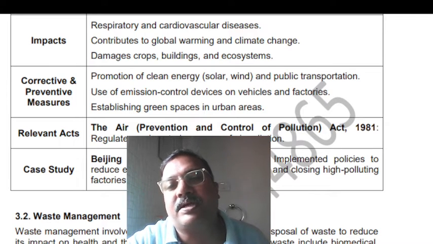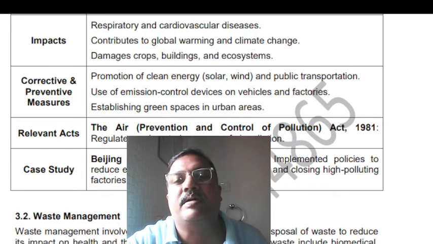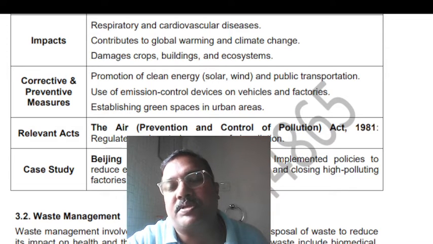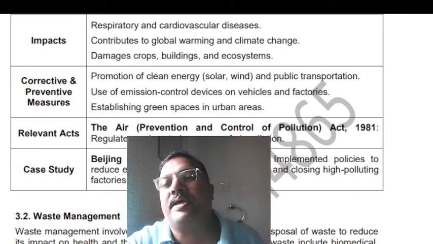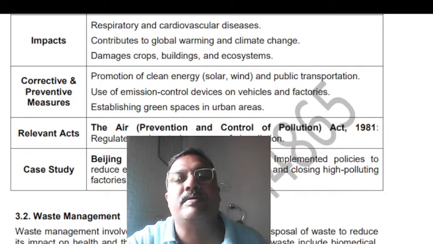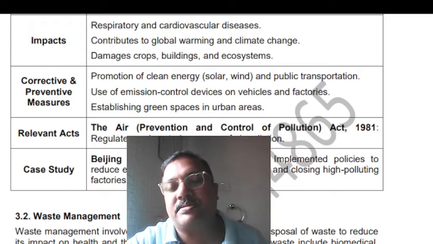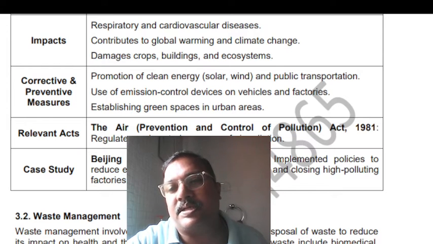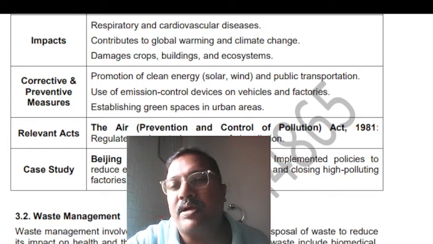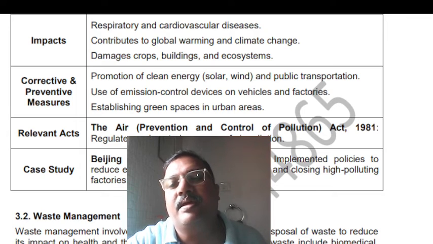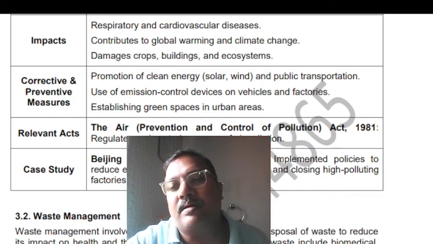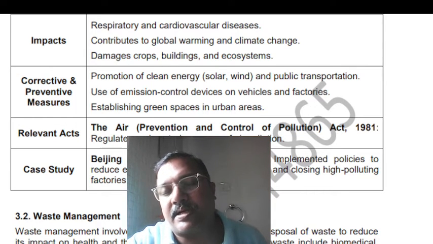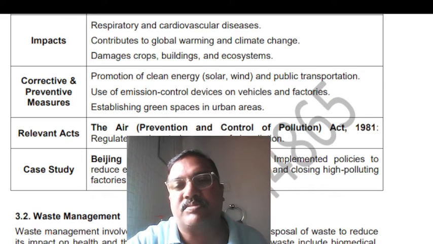Now, promotion of clean energy is one of the corrective or preventive measures: using solar energy or wind energy, which are clean energy sources, and for public transport, using electric vehicles in place of fuel-burning diesel and petrol vehicles. Use of emission control devices on vehicles and factories, converting the exhaust pipe emissions, reduces the poisonous gases released into the air.